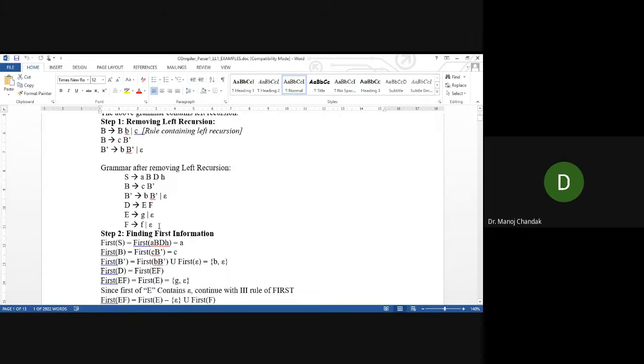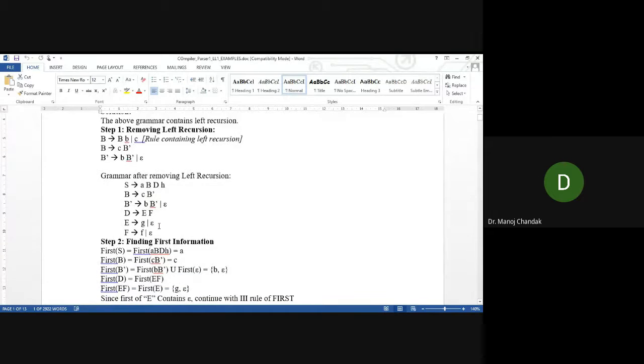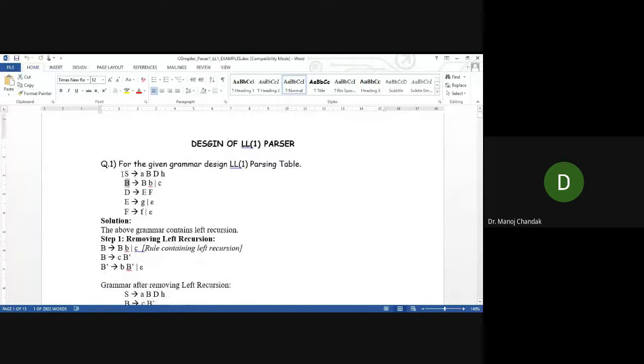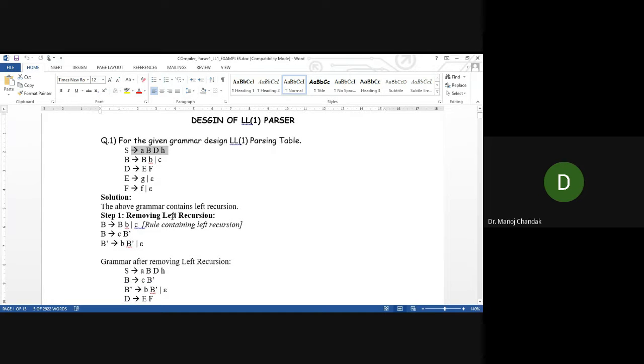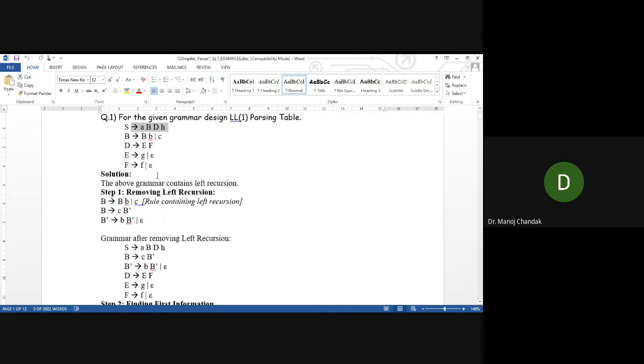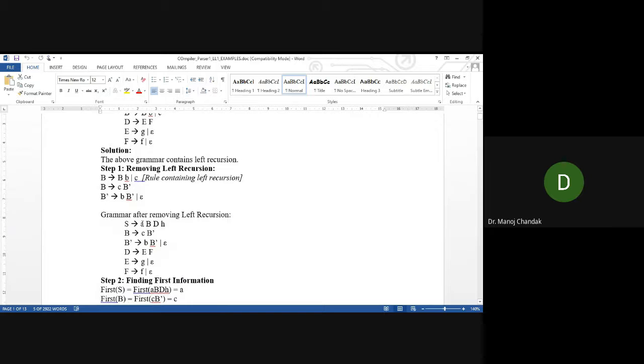And now we are trying to find the first. So this is a very simple idea. When you are finding the first, you need to check this is called the left hand side and this is called the right hand side. Quickly, I am showing you some tricks wherein you can fast calculate first and follow. So if I say S derives A, B, D, H, if there is a terminal symbol, then there is no problem.